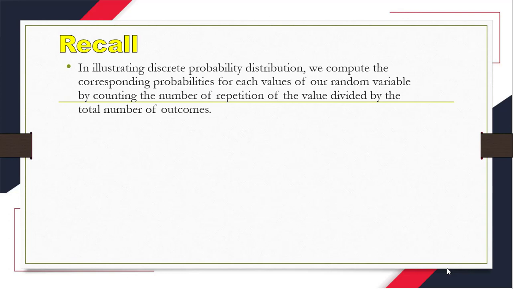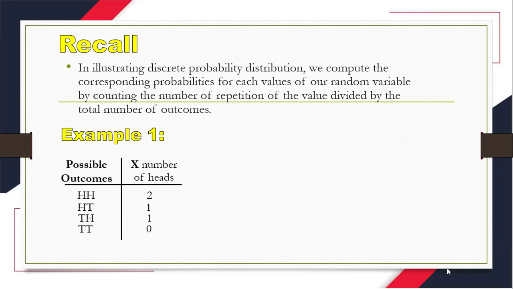Let us have our example. Here we have the possible outcomes in our previous videos: HH, HT, TH, and TT. The values for a random variable X, which is the number of heads, are: HH is equal to 2, HT is equal to 1, TH is equal to 1, and TT is equal to 0.